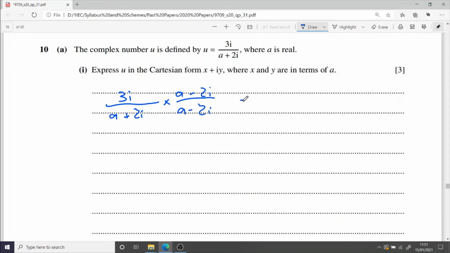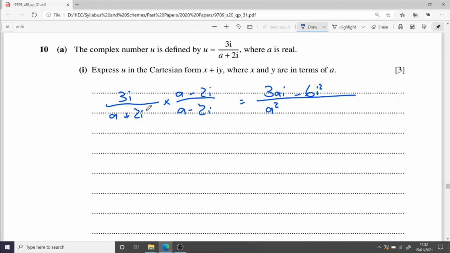Okay, and when we do that, we get 3ai on the top, and then we're going to get minus 3 times 2, which is 6i squared. Some of you will already realise that's minus 1. You could have simplified that already in the previous step. Okay, so now we're going to do a times by a, which is a squared.